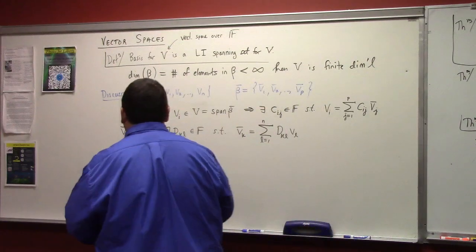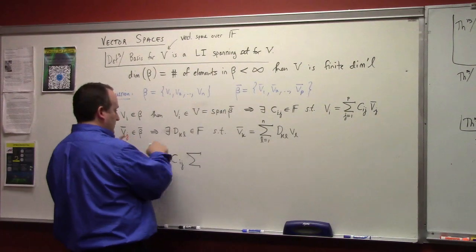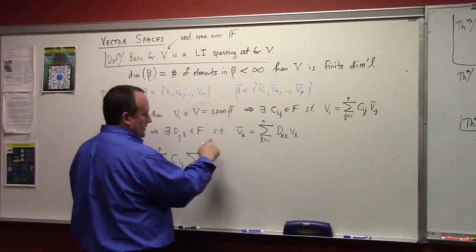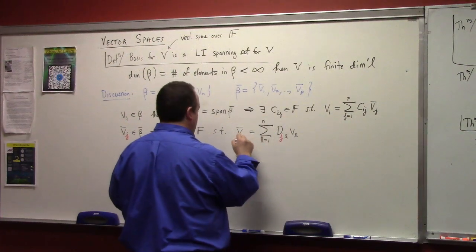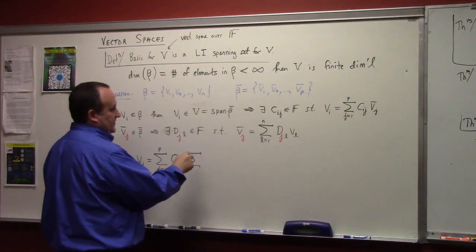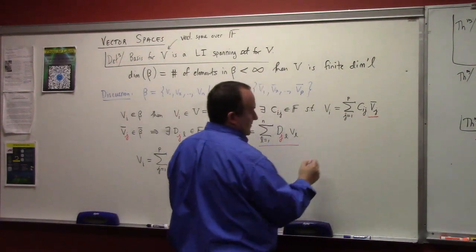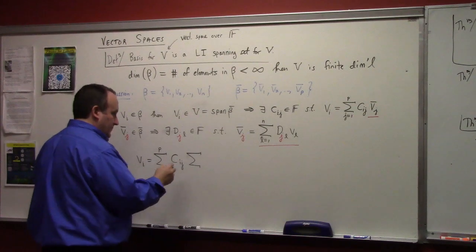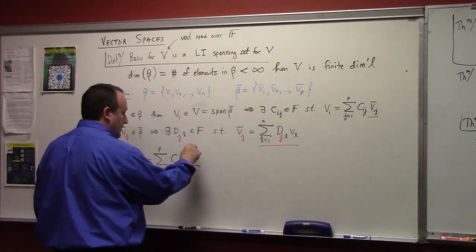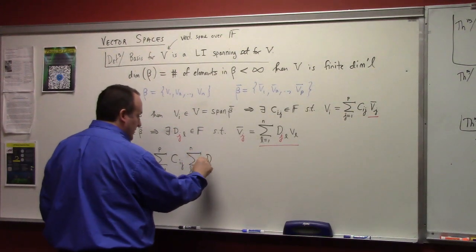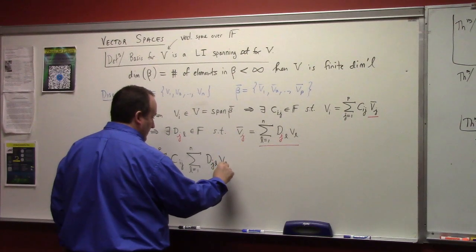I'm going to switch this guy to a j, because basically I'm plugging this for this, all right? And so we've got the sum over l equals 1 to n of D j l v l.